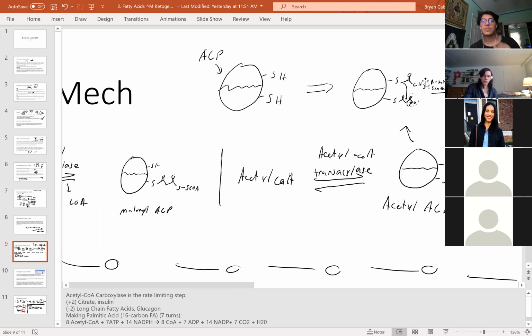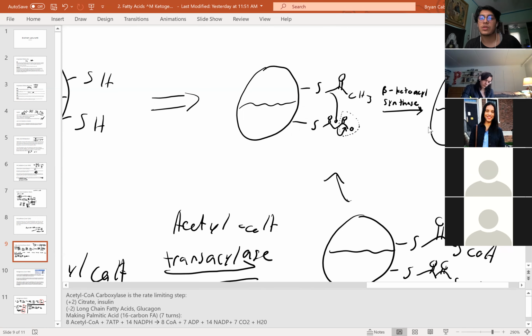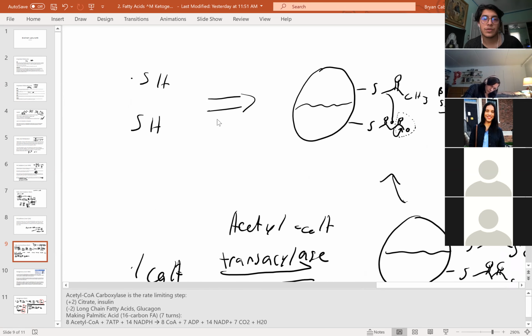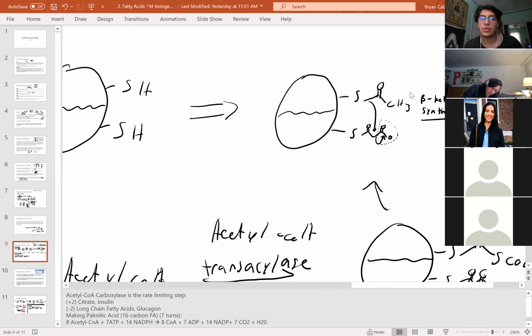What happens is that your bottom group right here is going to decarboxylate itself. Once it decarboxylates, it produces a decently good nucleophile, and that is what drags this top ketone group, your acetyl group, to the bottom. That's how your fatty acid extends. So you load on the acetyl-CoA, you load on malonyl-CoA, and you produce these two structures.